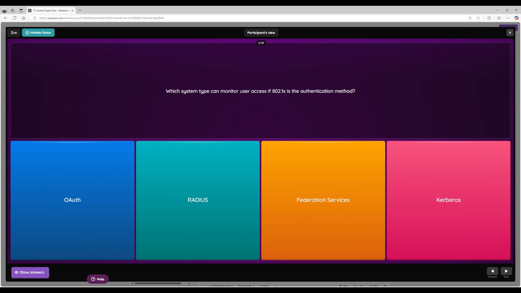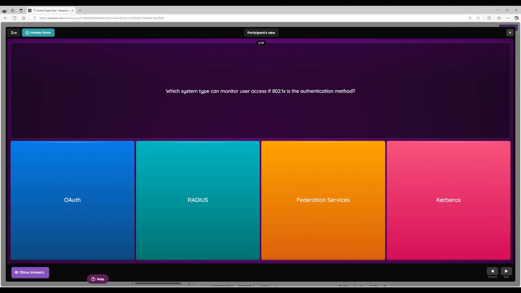It can track and control network access. That means RADIUS clients could be a VPN, a WAP, or other 802.1x managed switches. So in this case, RADIUS is the answer.